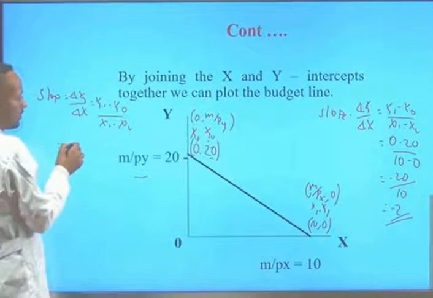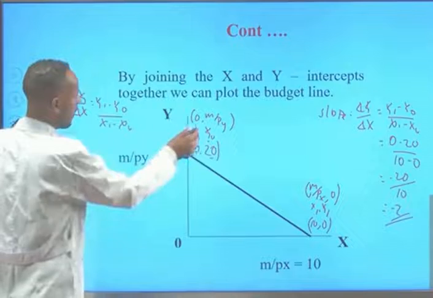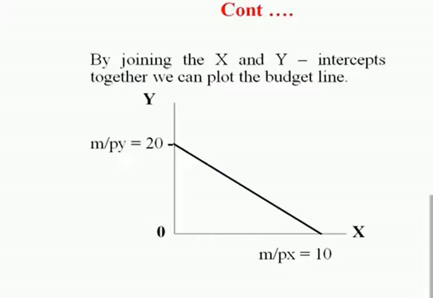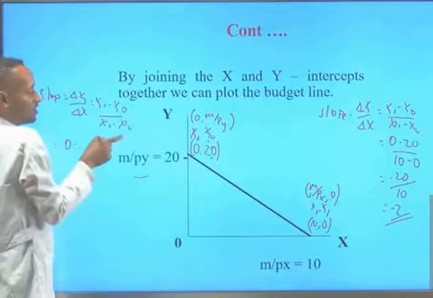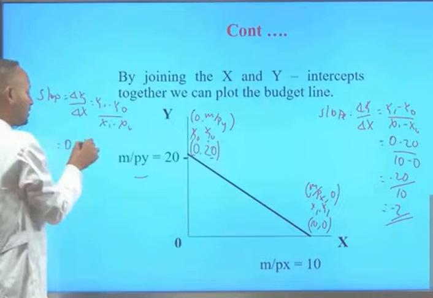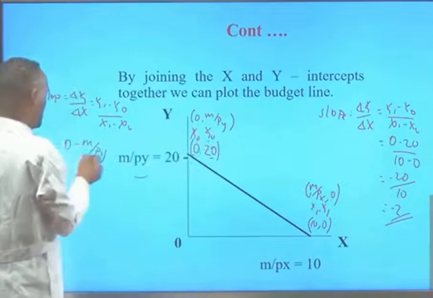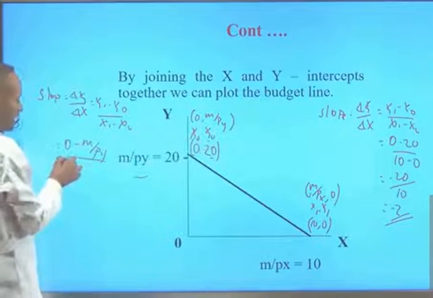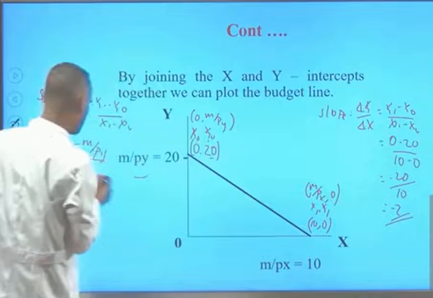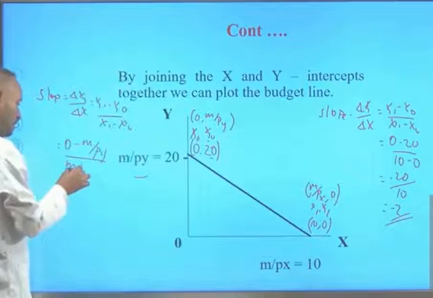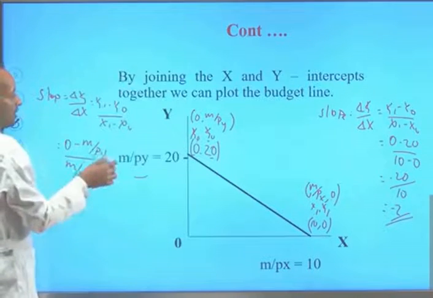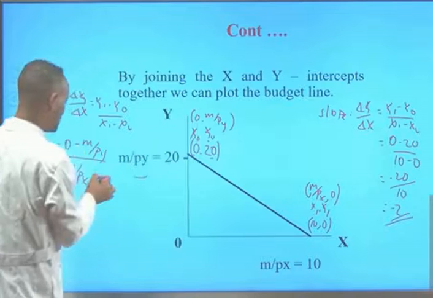So from this information, the value of y final is 0 and the value of y initial is m over price of y. And the value of x final is m over price of x, minus x initial, which is 0.